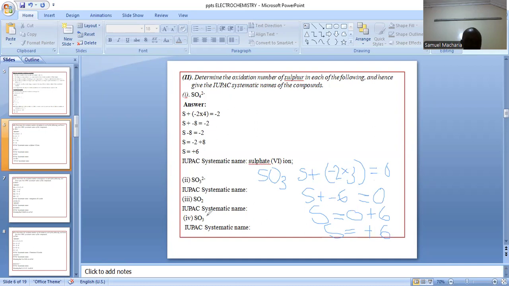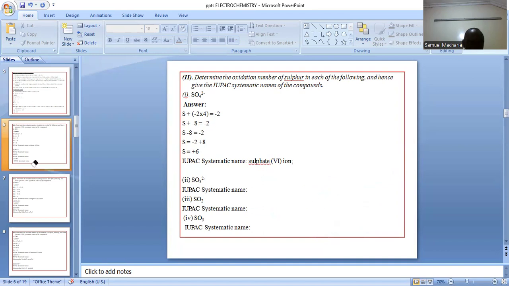Sulfur 6 oxide. I want us to clear this so that we look at something else.